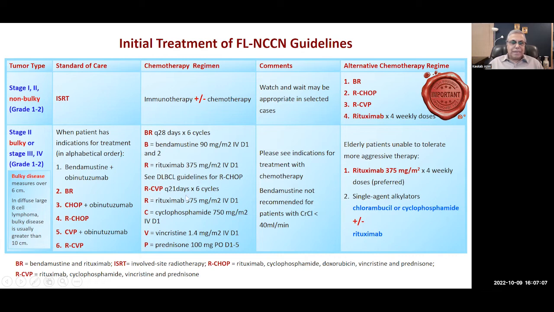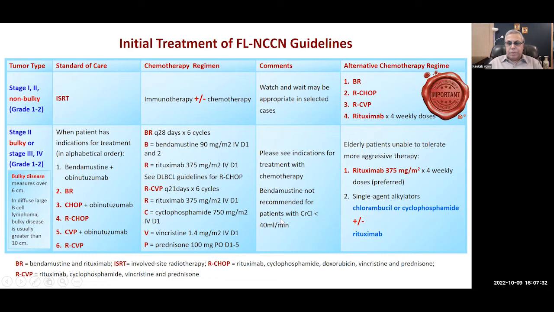You will notice that rituximab is always 375 milligram per meter square. It is given intravenously on day 1, right? This is what it means. 28 days into 6 cycles for bendamustine and rituximab, and the dose is given per meter square. All right. So comments are that please see indications for treatment with chemotherapy.